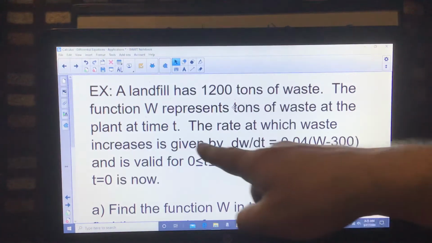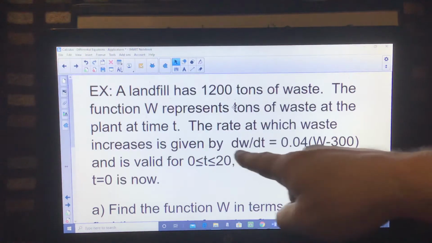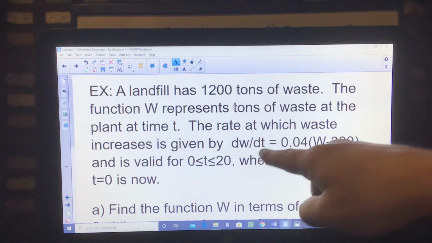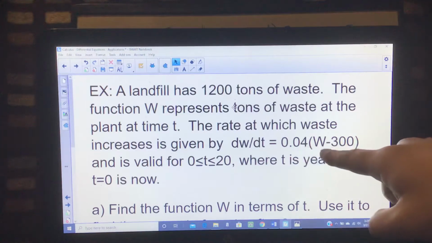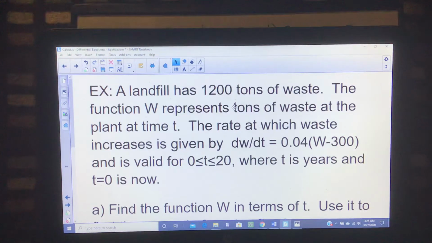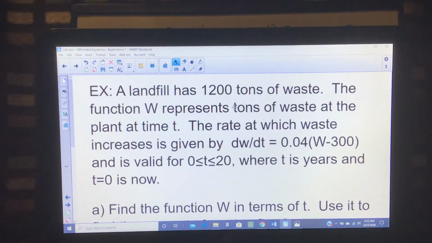So remember, rate is a signal for a derivative. Basically, dW/dt is the change of waste over the change in time, and that's actually based on the amount of waste. So it's similar to what we were doing before, where the rate of change is based on the amount of waste that's already at the plant.